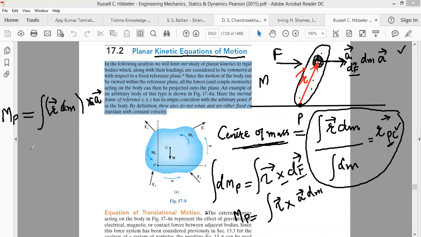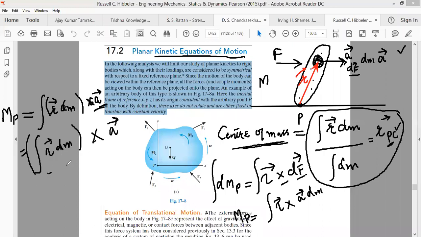Now, this acceleration is not only the acceleration of the small particle, it is the acceleration of the entire rigid body. So this can be written as integral r dm cross product with the acceleration.